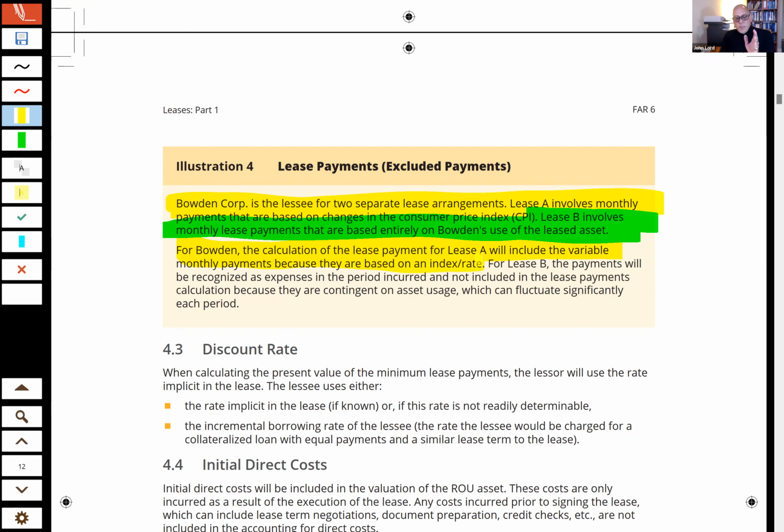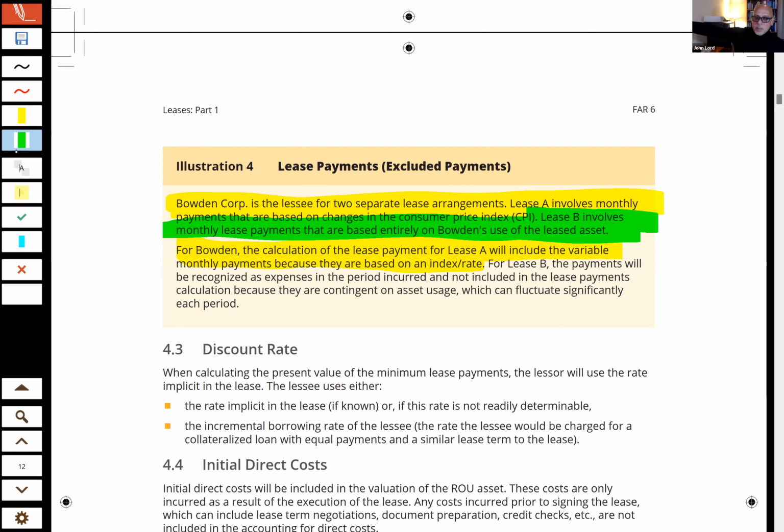So they'll say that payments are $1,000 a month, but then that could be more because it'll be indexed. You use $1,000 a month, you're not going to anticipate what the index is, but those payments would be included. If they say there are payments based on 25 cents a mile as you go over certain miles or something, you wouldn't include that because you don't know if you're going to go over those additional miles. You're going to have to pay that base amount, and it'll be indexed in the future to higher amounts that you'll have to take as a different amount over and above what you're paying now.